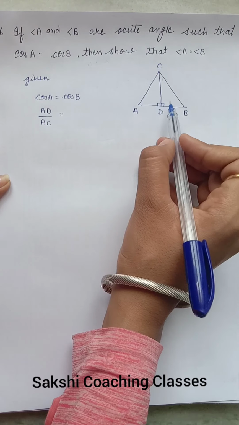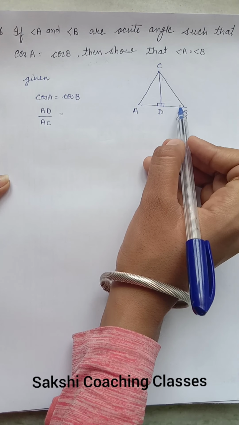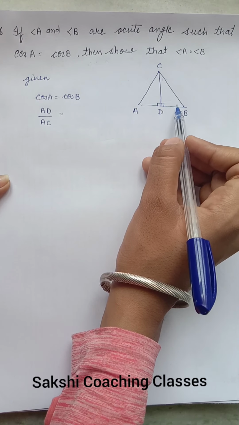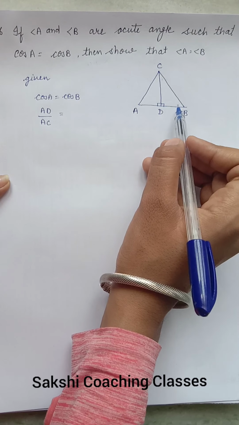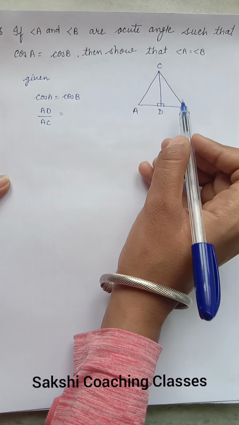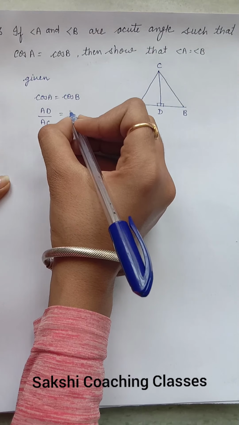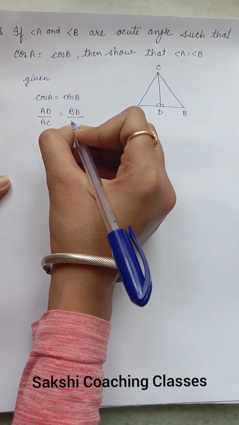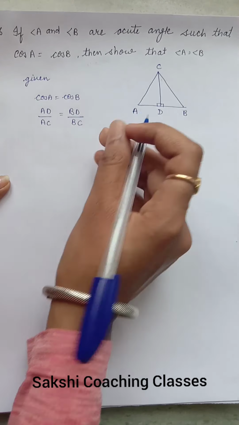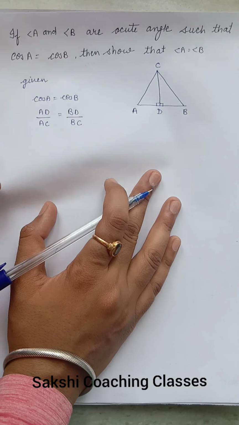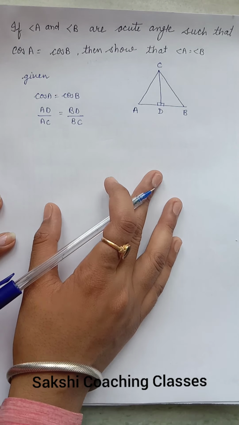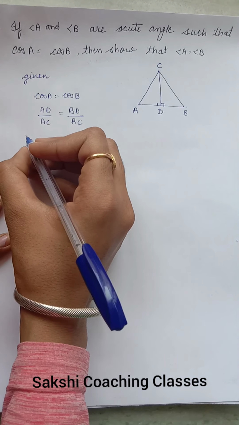Now, cos B. For cos B, BD will be the base and BC will be the hypotenuse. From that, we will cross multiply.